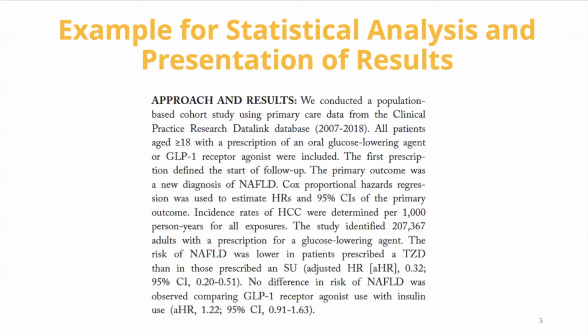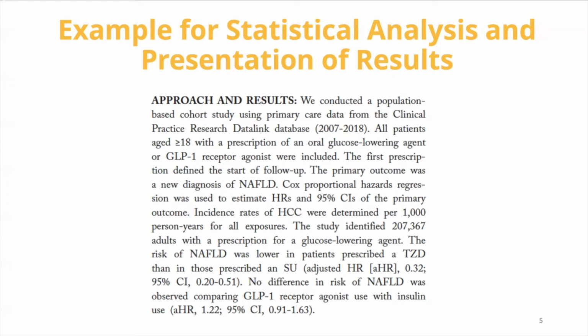Quickly, this is all just part of the abstract of the paper, and again, I'm going to post the paper in the section where I post the lecture video and the recording. For this study, the authors conducted a population-based cohort study, and everyone should know what that is from Olaf's previous lecture, using primary care data from the Clinical Practice Research Data Link database, which is from the United Kingdom, between 2007 and 2018.